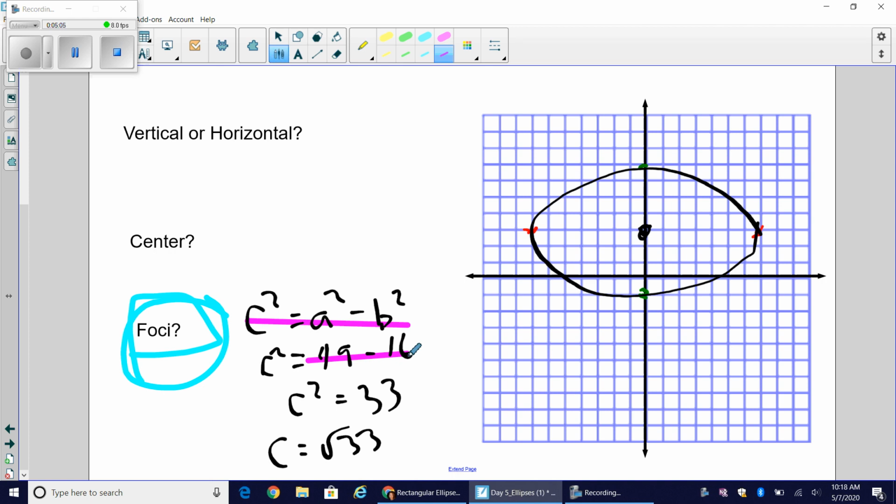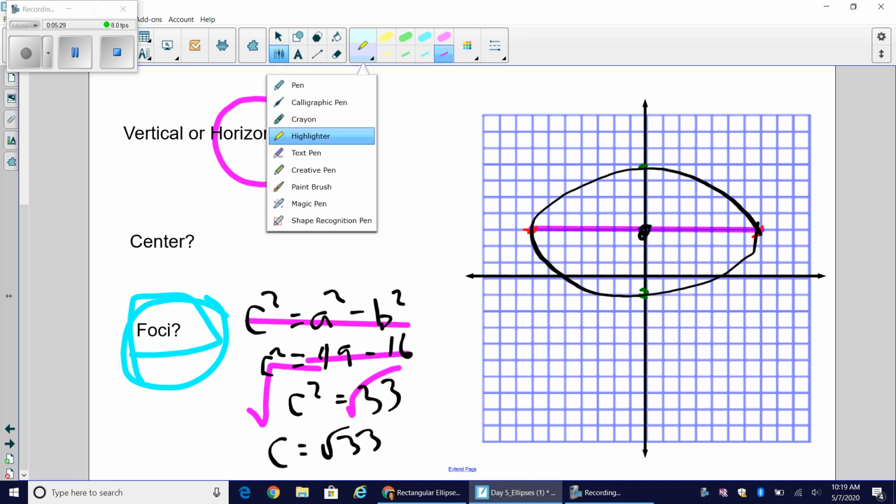So we take 49 minus 16, and I get the square root of 33. Now that value has to be added along the major axis. If you want to know which one's the major axis, just look at the larger axis. In this case, it's along the horizontal portion of the ellipse, because this is a horizontal ellipse.